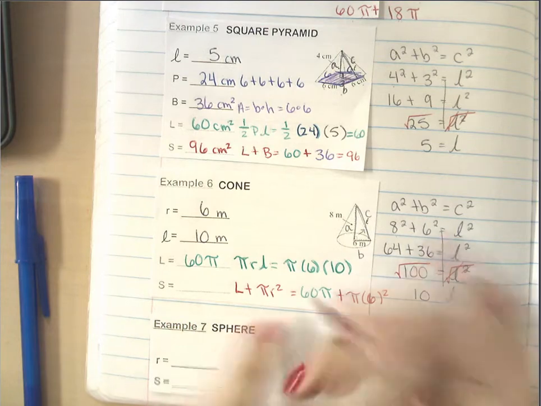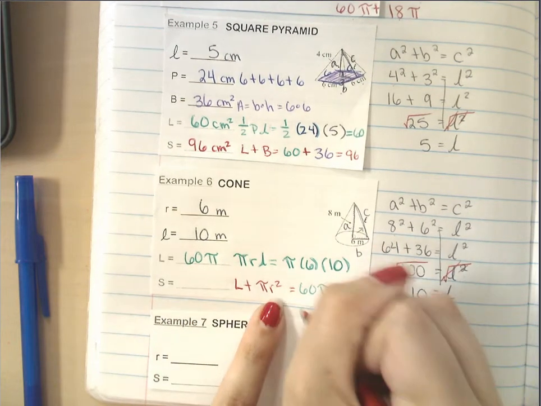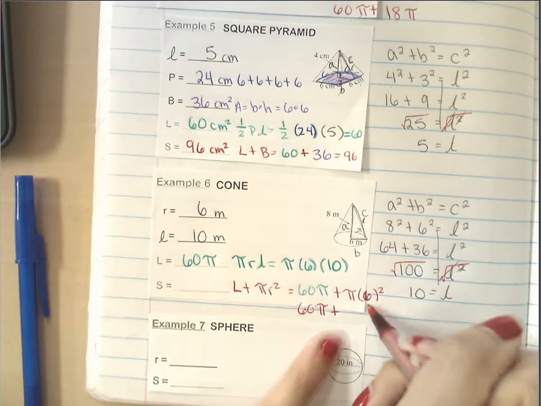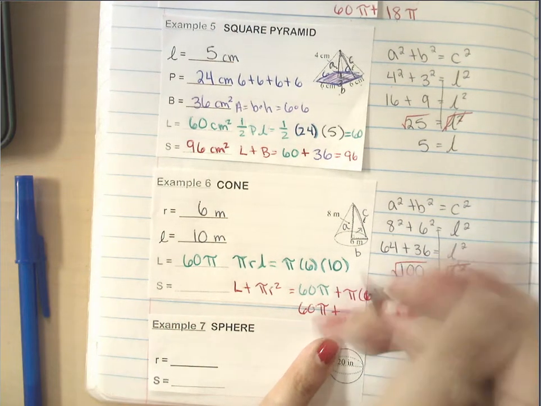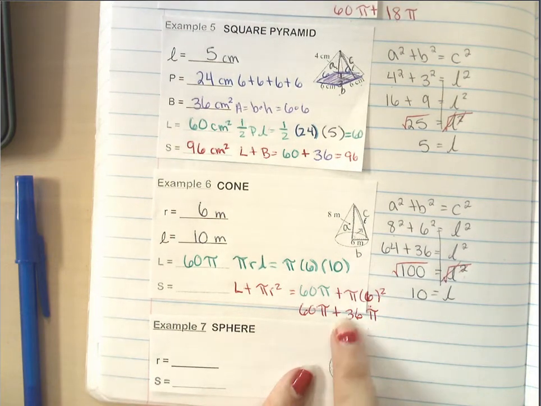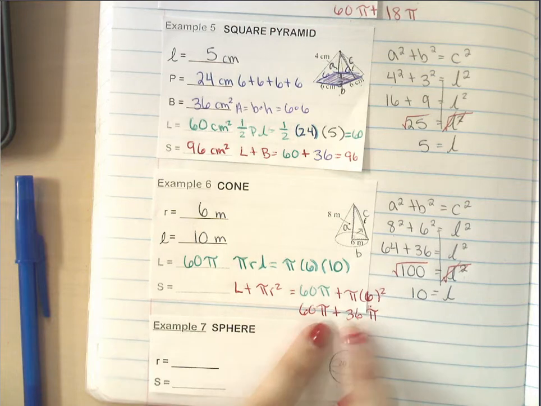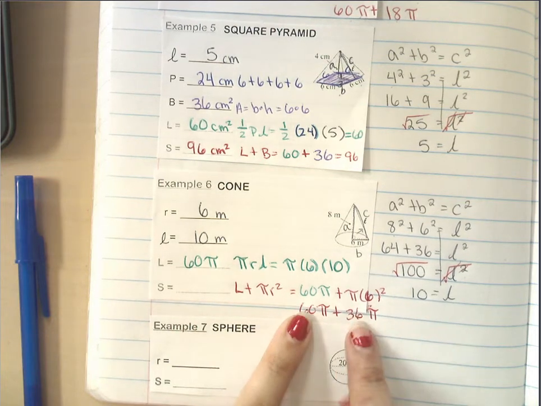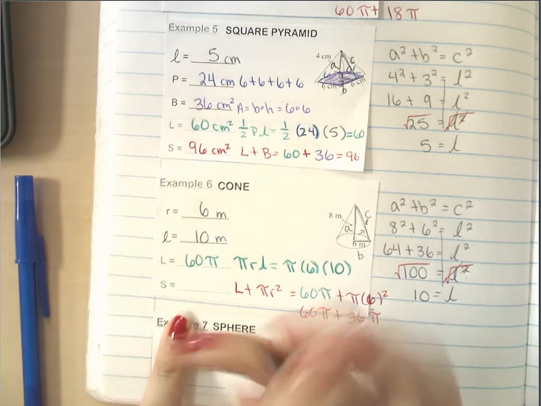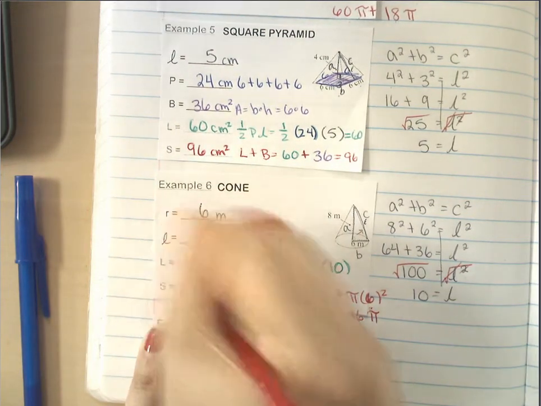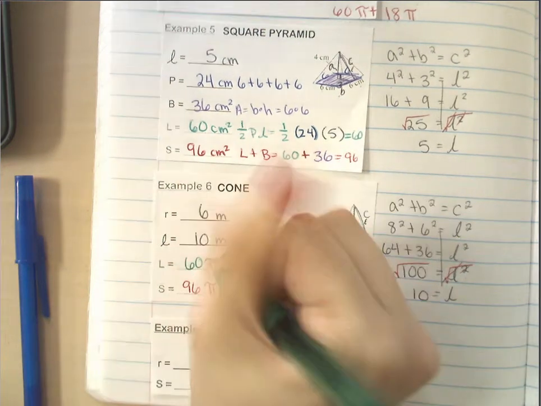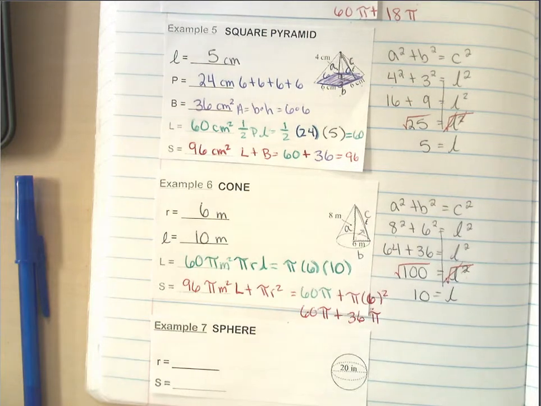Okay, so again, before I add them, I keep my 60 pi. I have to square this one. 6 squared is 36, so here I have 36 pi. And so now I can add them. Both my numbers have pi, so now I can add them. 60 plus 36, that gives me 96. So here I have 96 pi, and it's meters squared. Just forgot my units right there.